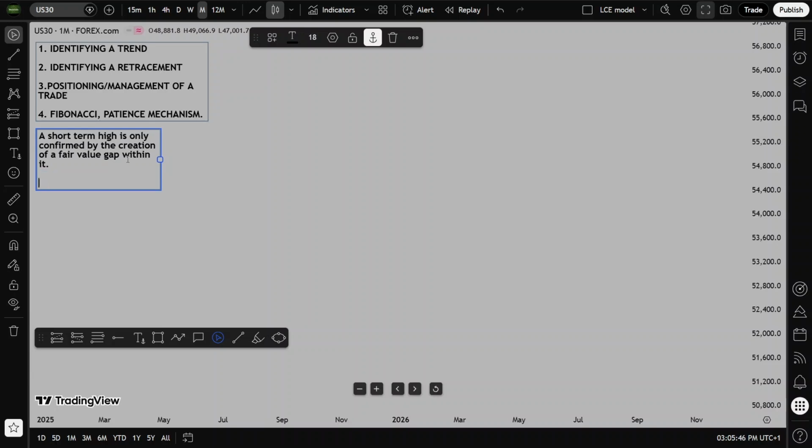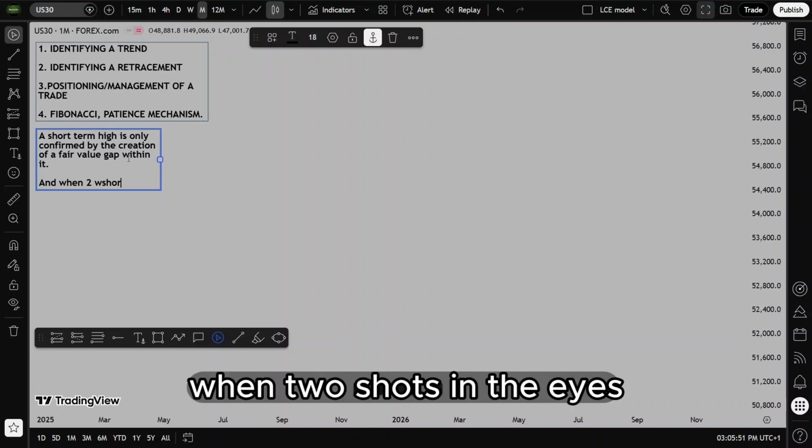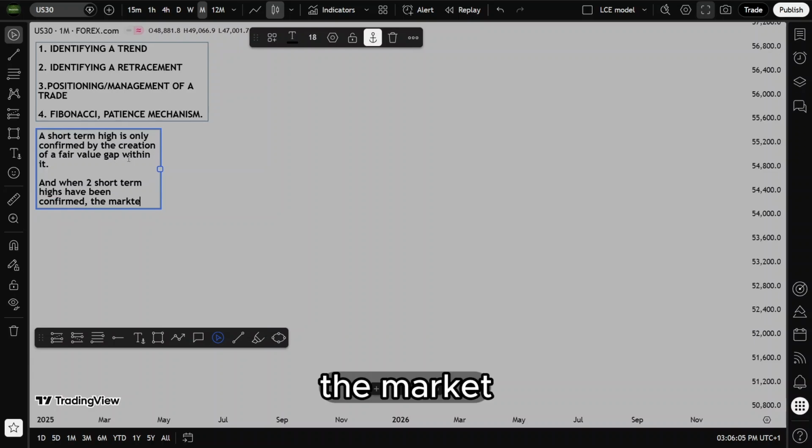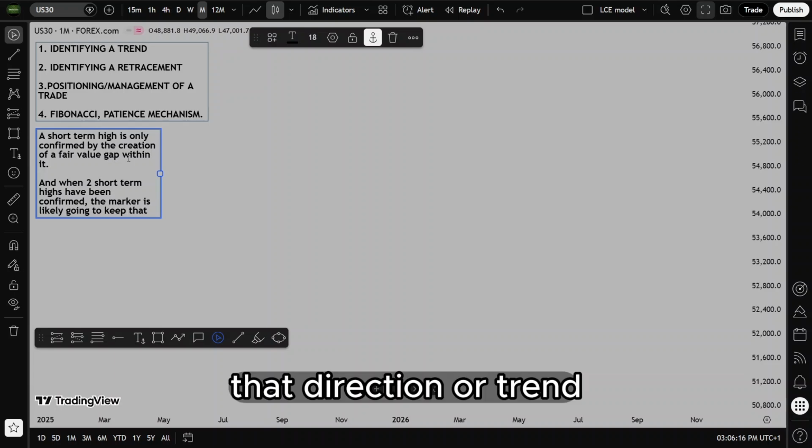And when two short-term highs have been confirmed, the market is likely going to keep that direction or trend.